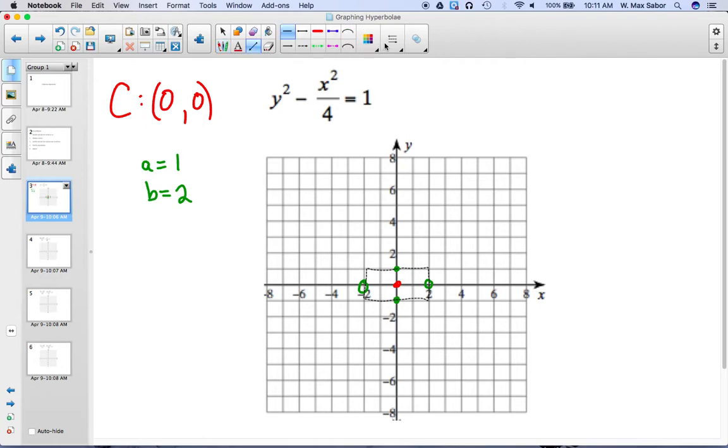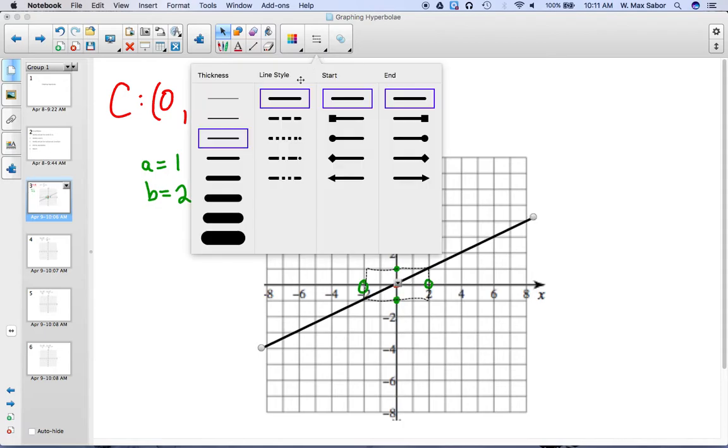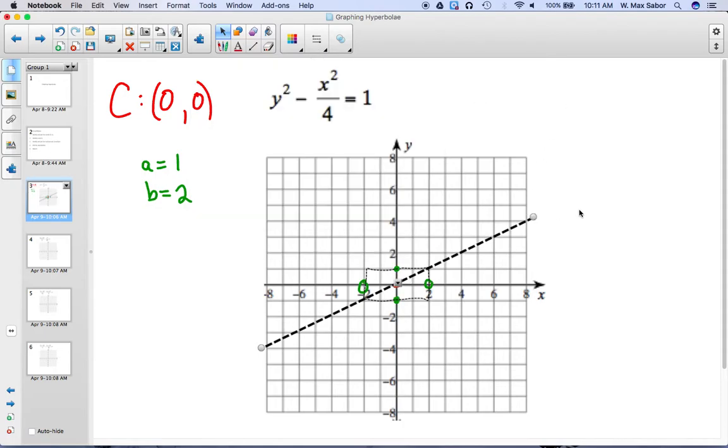So the asymptotes go from here. So that is our first asymptote, and I'm going to want that to be a dotted line. And now we can plot a second asymptote, which will also be a dotted line.